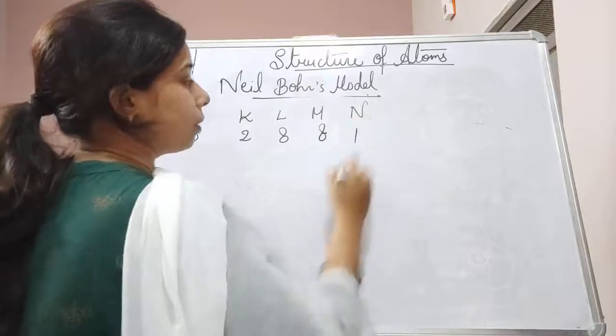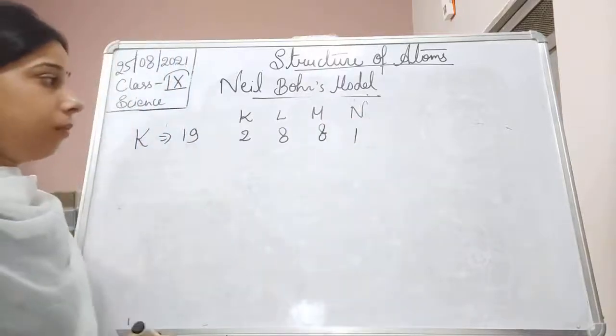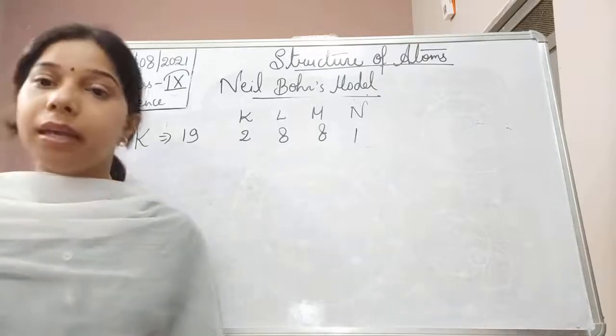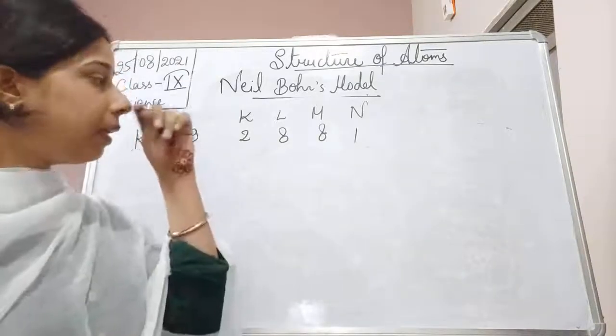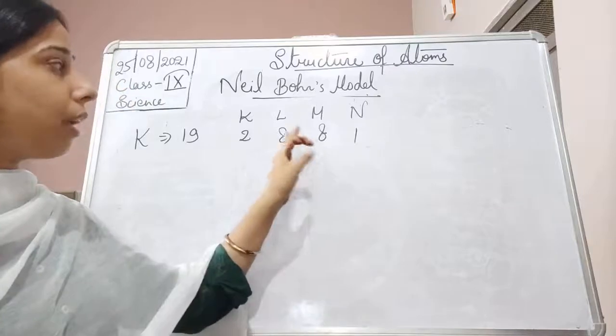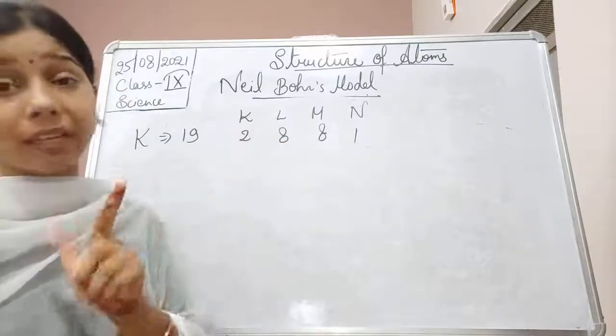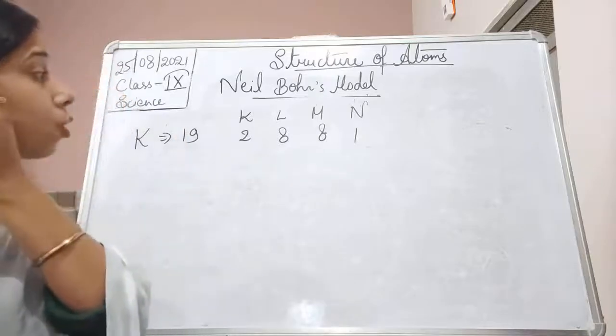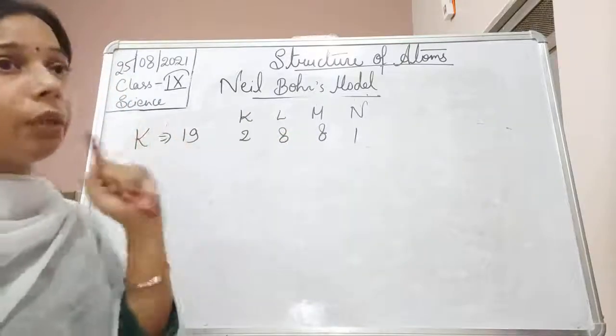What happened here? When we were talking about Neil Bohr's model, we saw that every shell can accommodate only 8 electrons except the K shell, which can accommodate only 2 electrons.